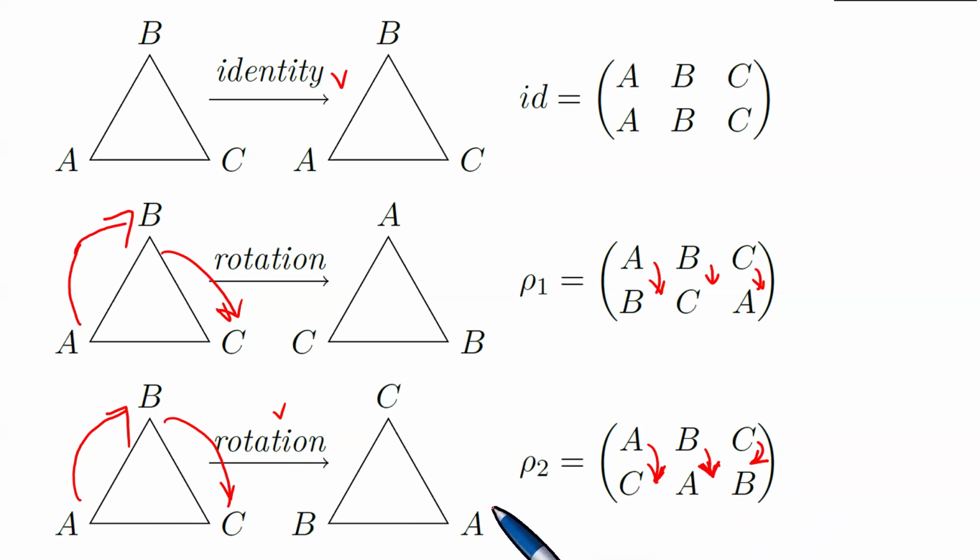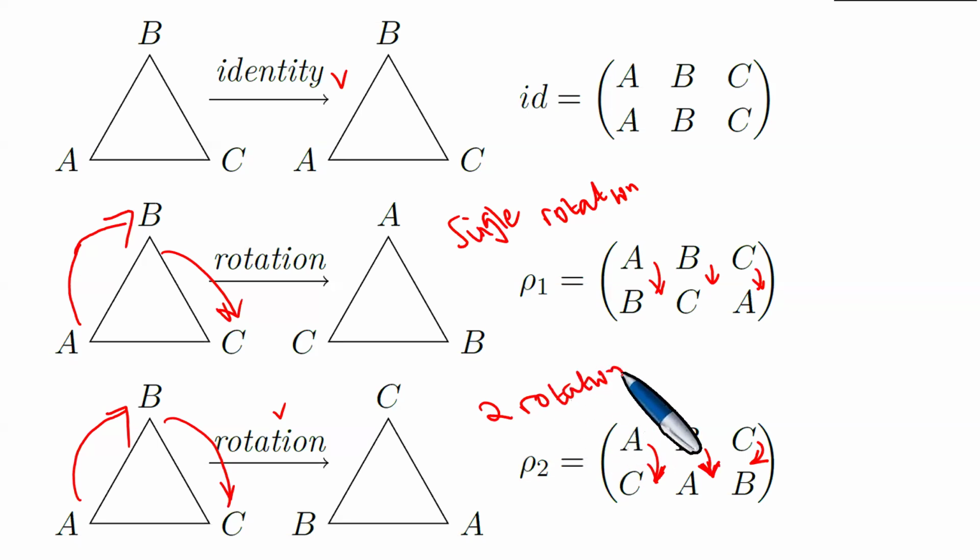Okay, now, let's check. So this would be, obviously, those two rotations. Here you'd have a single rotation, but here you'd have two rotations. Right, two rotations.